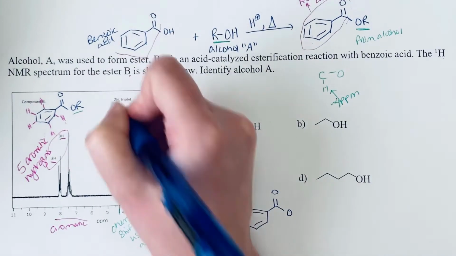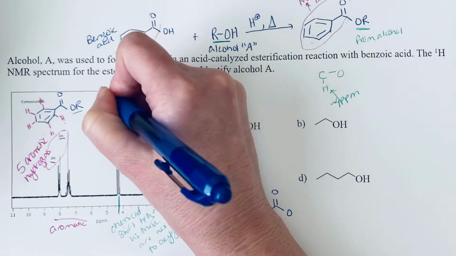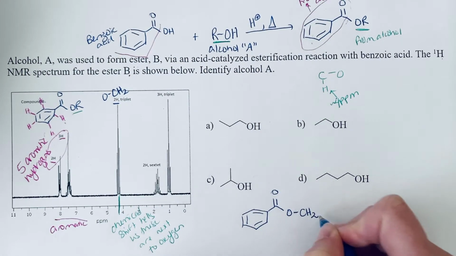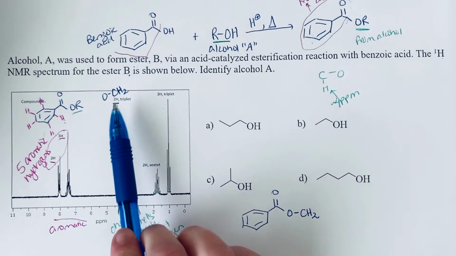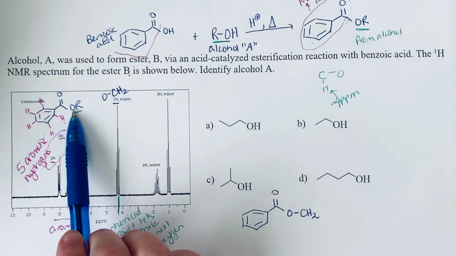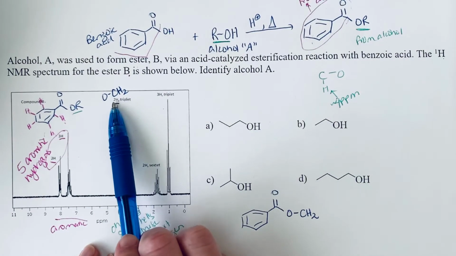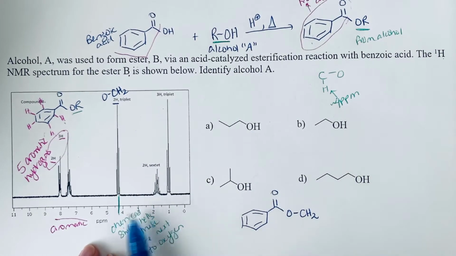When we look at it, it's 2 hydrogens, so this is most likely a CH2 group attached to that oxygen. Then these signals are going to decrease as you move farther away from that electronegative oxygen, so we can move away from it going down in terms of chemical shift value.